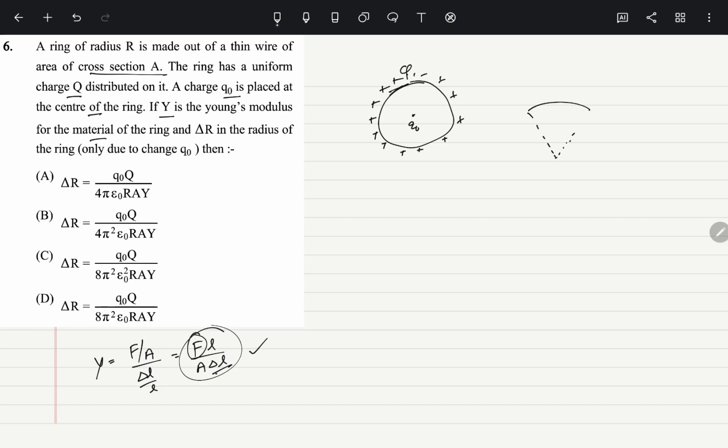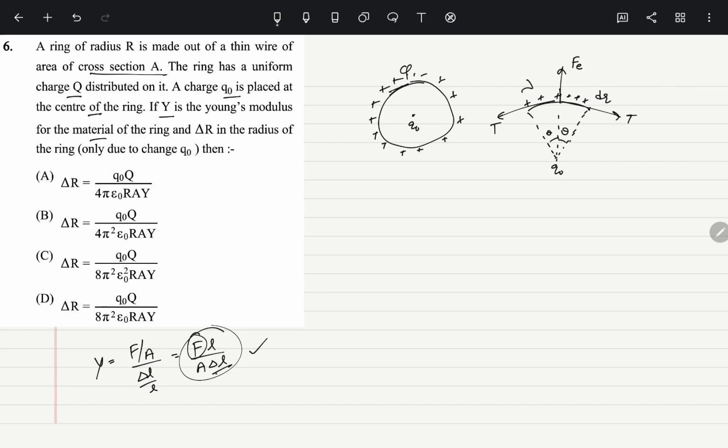So let's start calculating the tension. I'll take an element of the ring. The charge on this one is lambda, let's say, charge density. It makes angle theta here. Now the tension will be in this direction, along the wire only, and there's a Q naught charge and there's dQ, let's say. So there will be a repulsive electrostatic force in this direction.